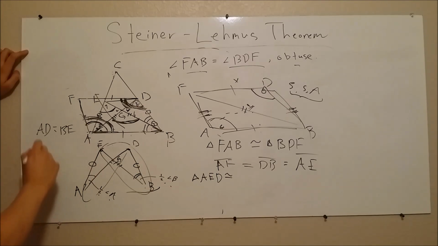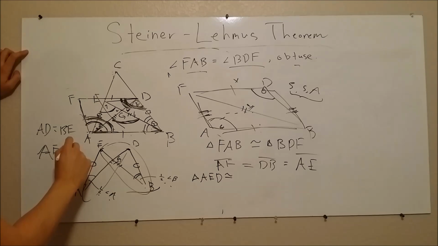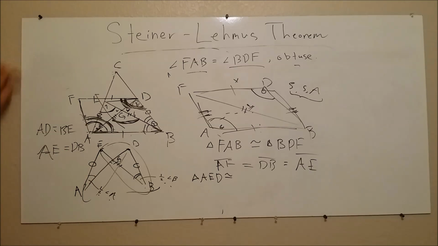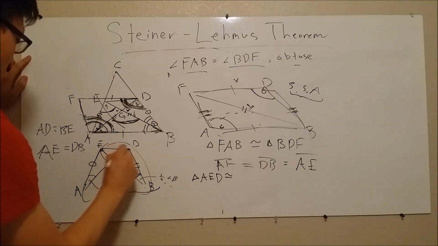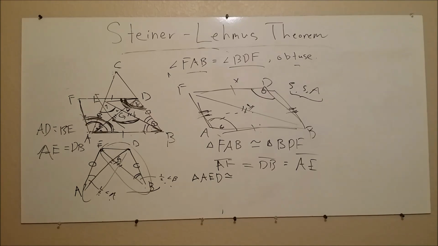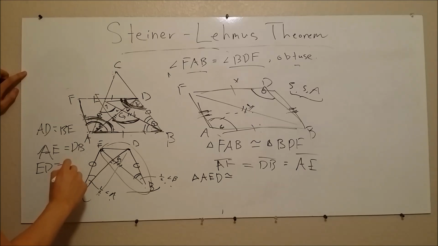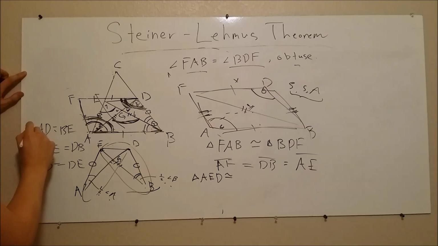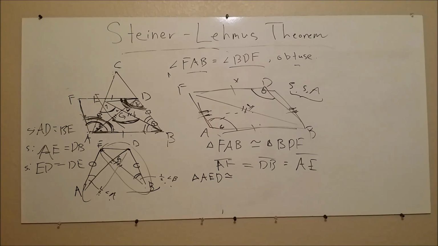Okay, AE is equal to DB. Okay, that's our second side. Alright, now let's draw a line segment connecting E to D. And easily we see that ED is equal to DE. So we have three sides that are equal to each other.